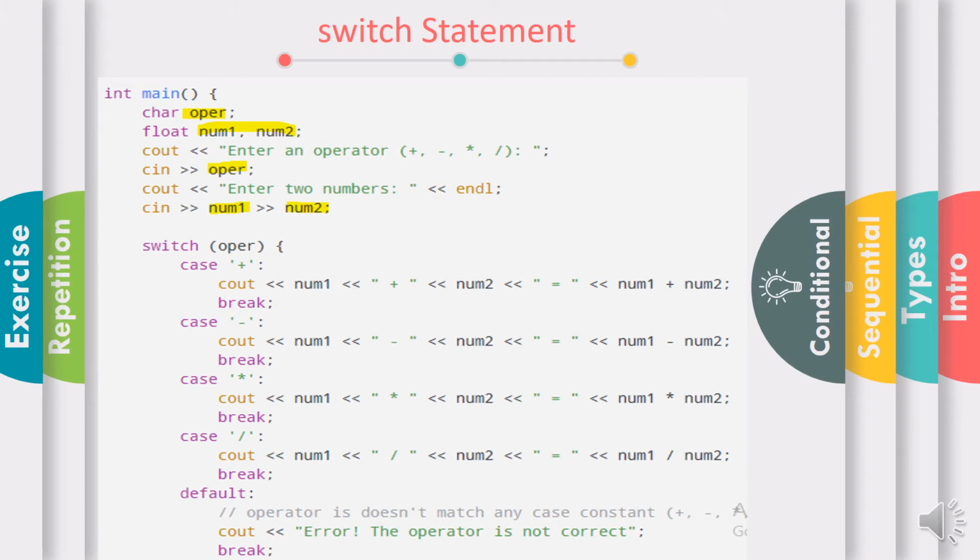Now, depending upon the character entered by the user, we will check for multiple choices. So, here we have used the switch statement to check the multiple choices. We have used the reserved word switch, and in this switch statement we have passed the variable OPER.